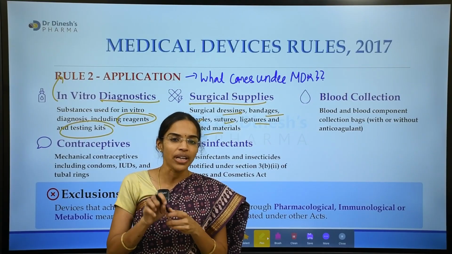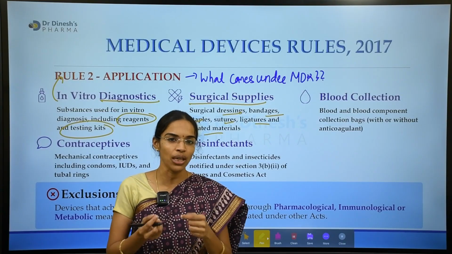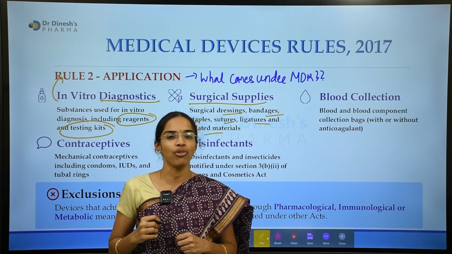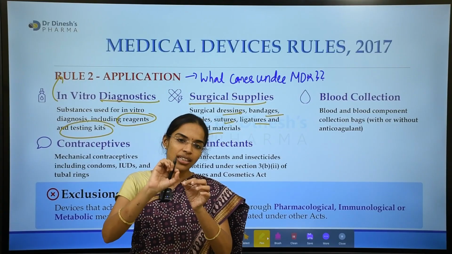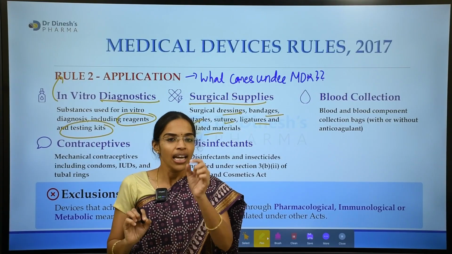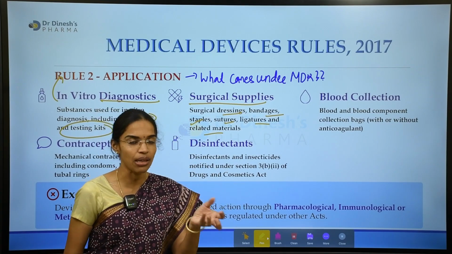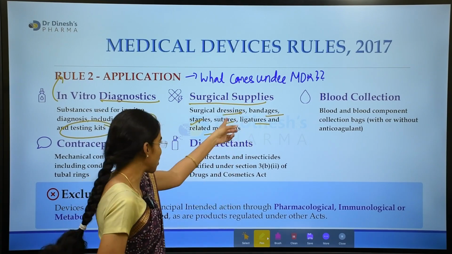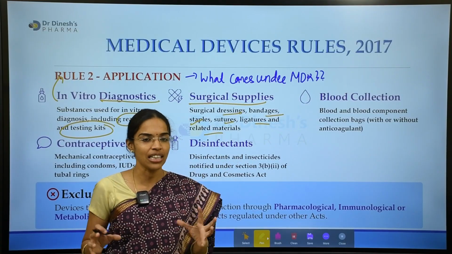It is used in regions of the body where sutures cannot be performed, where the needle cannot be inserted properly. When suturing cannot be performed properly, staples are used. Staples are also a part of surgicals, and also sutures, ligatures, and all related materials.